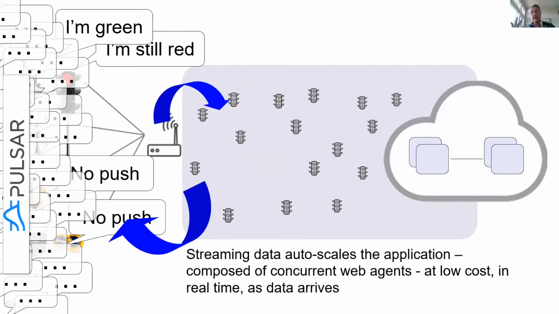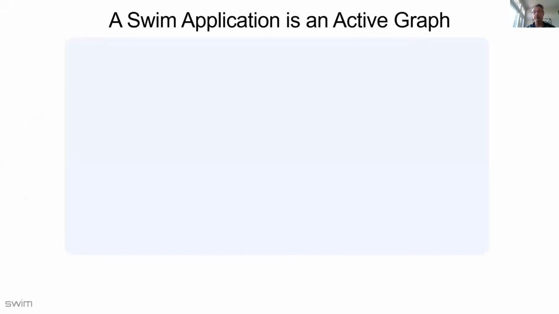So the streaming data auto scales the application. It just builds, right? For every new event, either there is a web agent which can process that event, or we're going to make one and link it into the graph. Okay? So it's an in-memory graph created at low cost, built by the data. It's like blowing up a balloon.